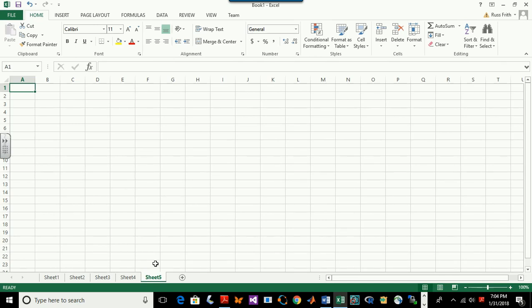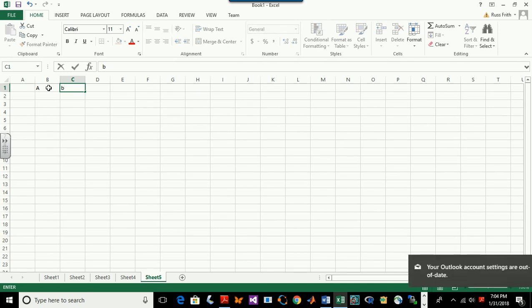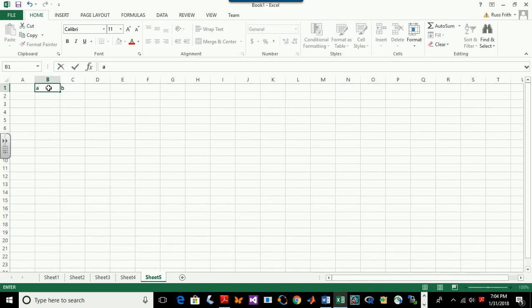Well, I think there's an easier way to set up the table.